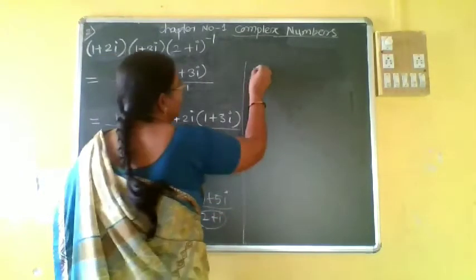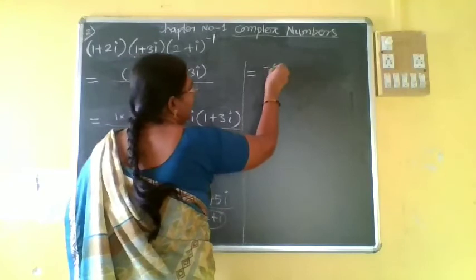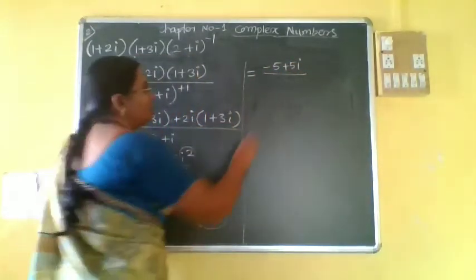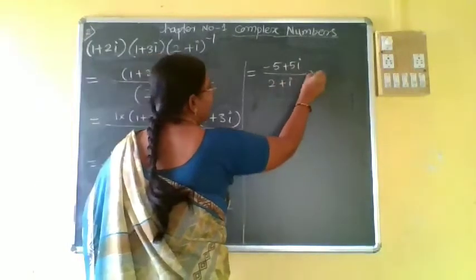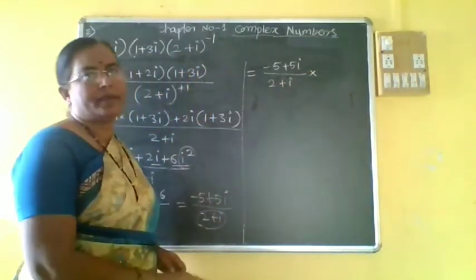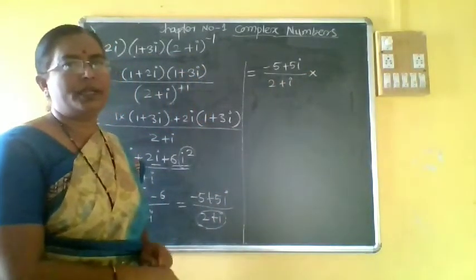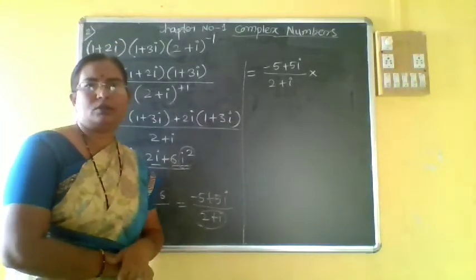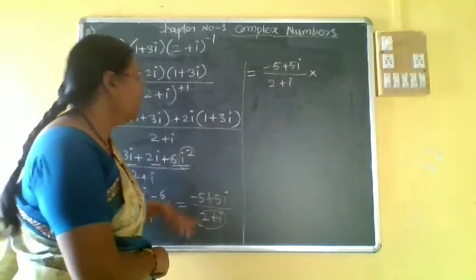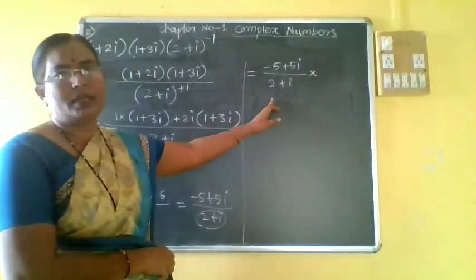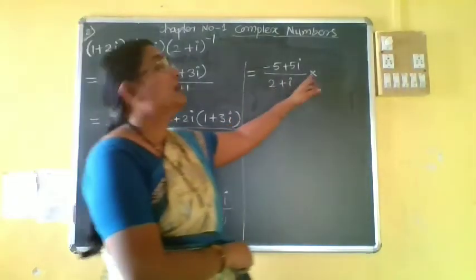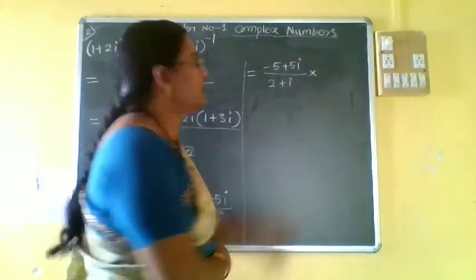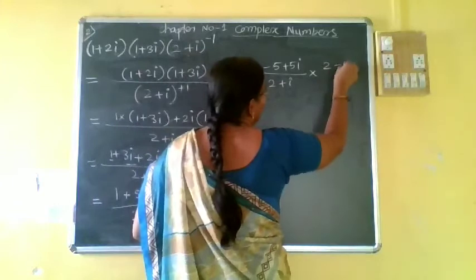So this becomes minus 5 plus 5i divided by 2 plus i, multiplied and divided by the complex conjugate of the denominator. Whenever we perform the division of two complex numbers, we use the complex conjugate of the denominator and multiply and divide by it.